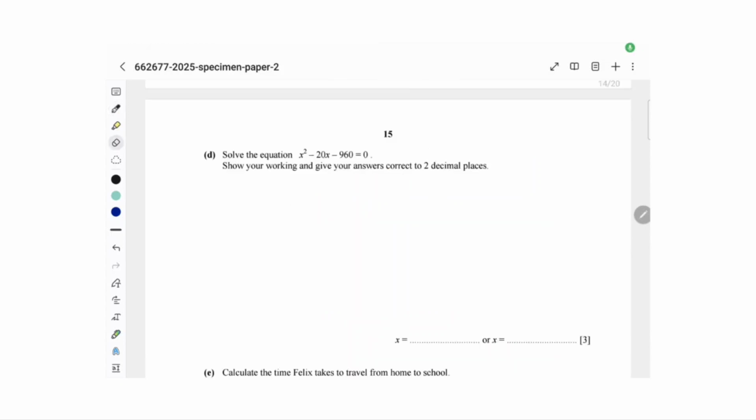Alright, it's part D. A is 1, B is minus 20, C is minus 960. x equals minus b plus or minus the square root of b squared minus 4ac, upon 2a.